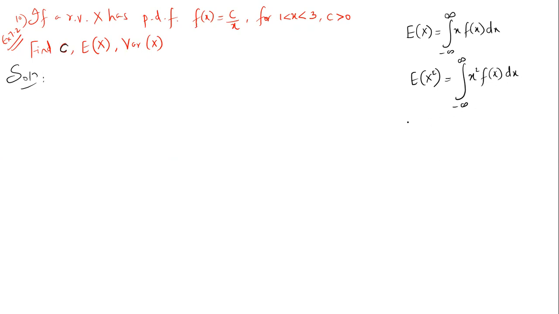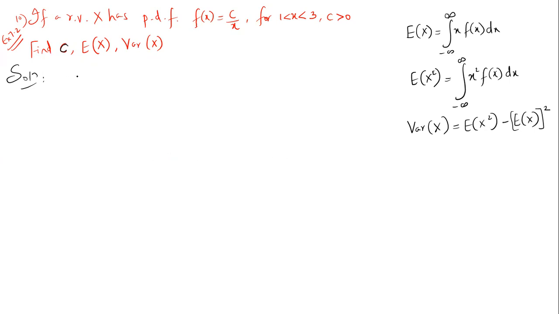And variance of x is the subtraction of both, that is E(x square) minus E(x) the whole square. So these are the three formulas that you'll use over here.